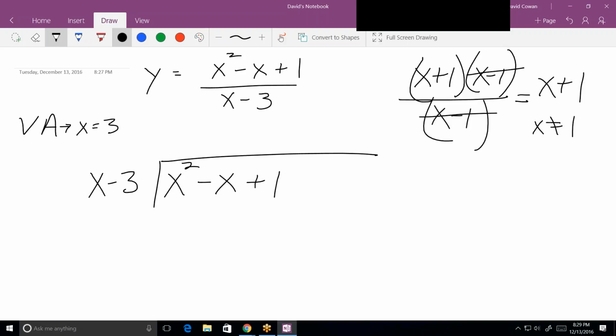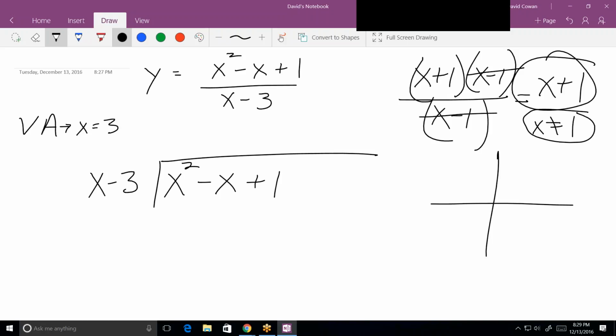My domain restriction carries forth even though I factored it away, and that turns into a hole. It's just the function x plus 1, a straight line, and at 1 I get a little hole. That's how I would graph the one on the right.